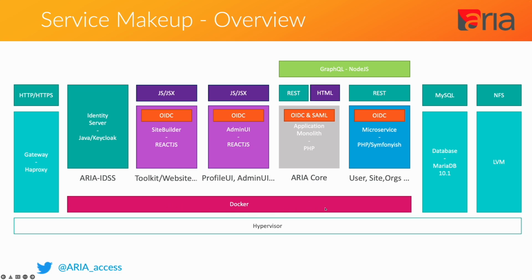All of this sits on Docker. These are all containers within Docker, and these all sit on the machine's hypervisor. And powering the back end, we have got MySQL, which is the Galera cluster, and we have an NFS server.